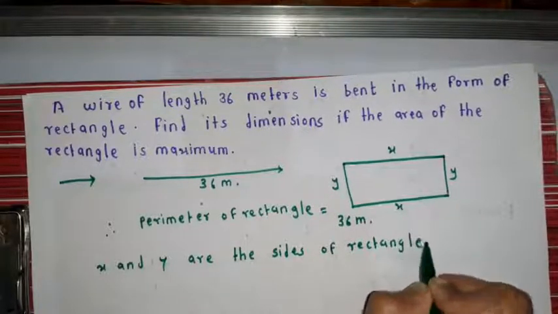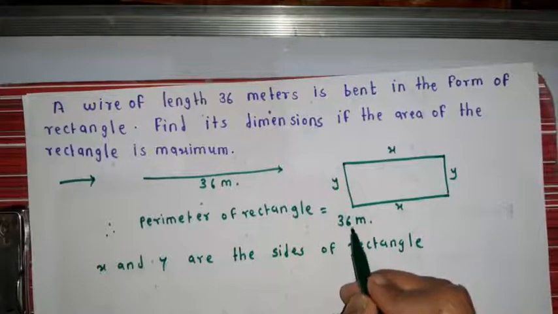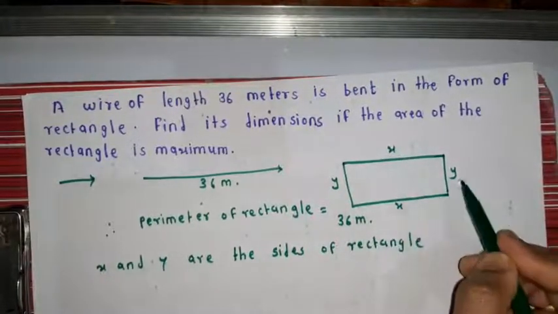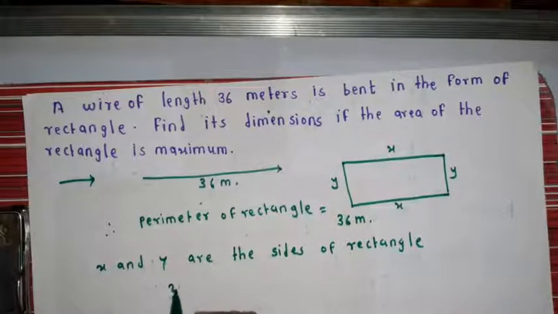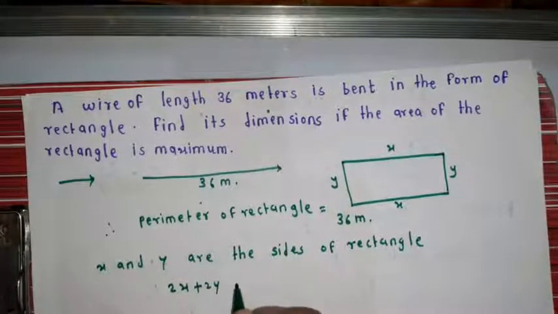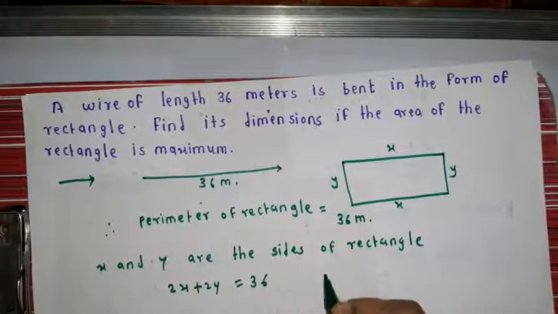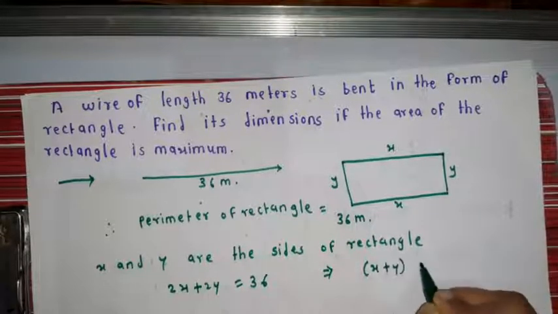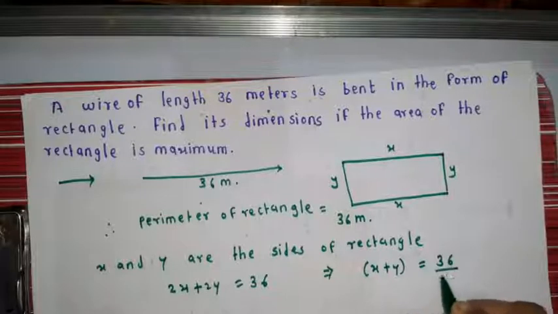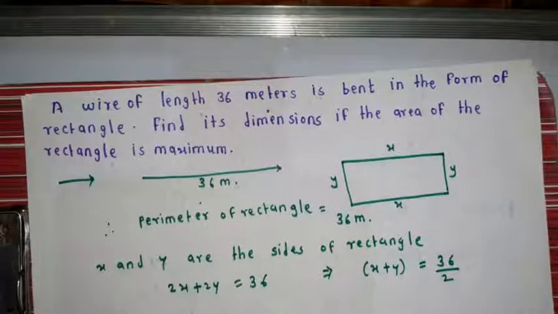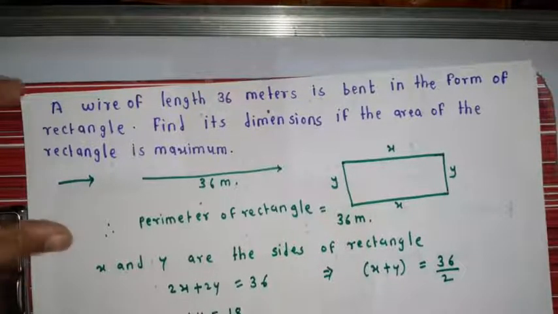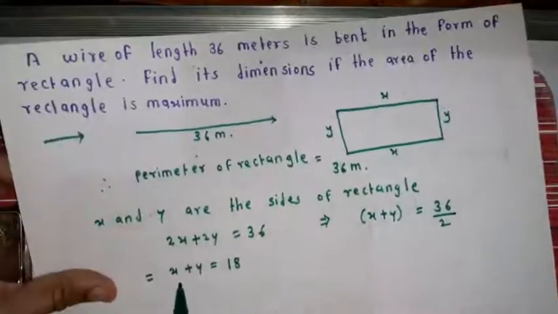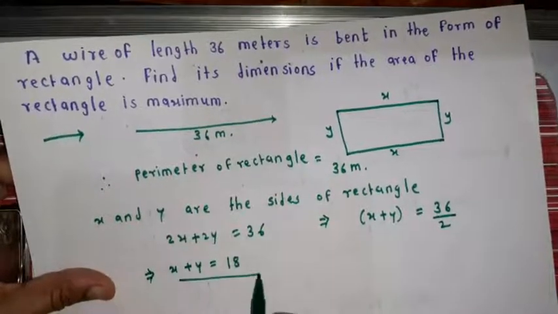Now as the perimeter is 36 meters, 2x plus 2y equals 36. This implies x plus y equals 36 upon 2, that is x plus y equals 18. Suppose this is equation 1.